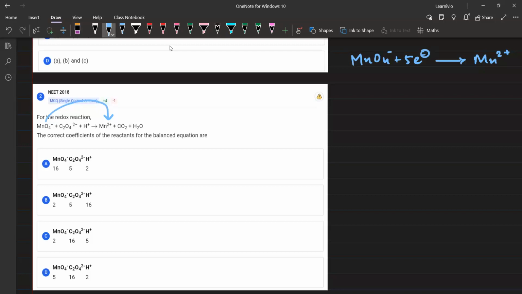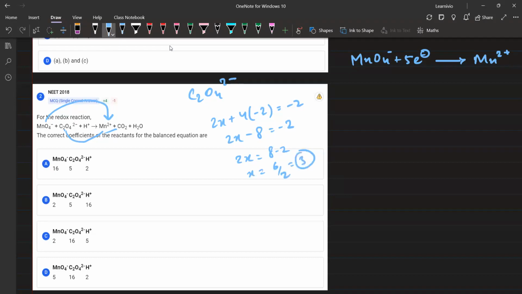When we look at the other species, C2O4 2 negative to CO2. In C2O4 2 negative, if you find the oxidation state of carbon, 2x plus 4 into minus 2 is equal to minus 2. 2x minus 8 is equal to minus 2, so 2x will be equal to 8 minus 2, which is 6, divided by 2, that is equal to 3. Does this make sense? Yes or no?